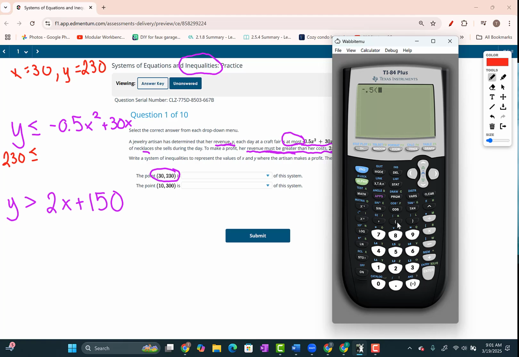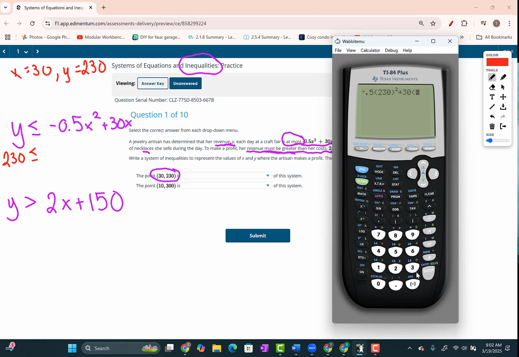Everywhere I see an x, I'm going to replace it with the parenthesis 230, close the parenthesis. Notice the square goes on the outside of the parenthesis. We only want to square the x value, and that would make a difference if there was a negative sign in front of the 230. Plus 30, parenthesis.